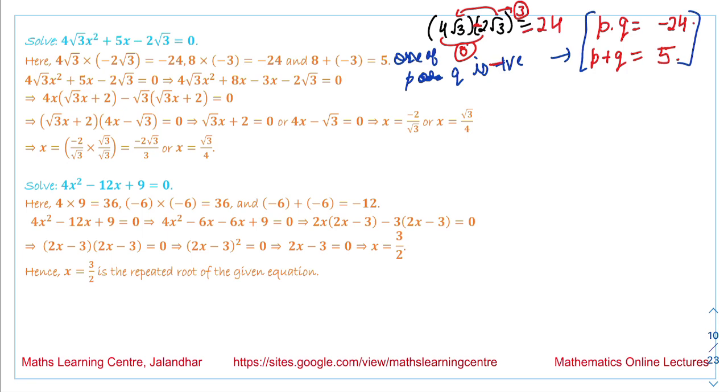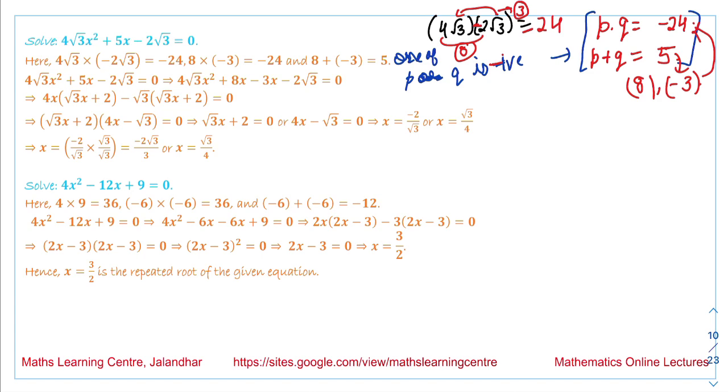When we try to find the values of such p and q, we obtain that the values that satisfy are 8 and minus 3. Why? If we multiply 8 with minus 3, we get minus 24, and the sum of 8 and minus 3 is 5.